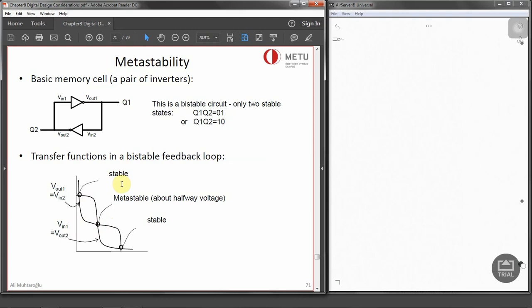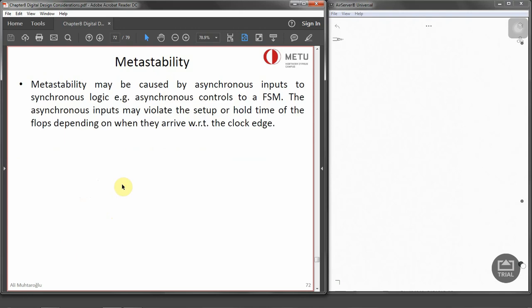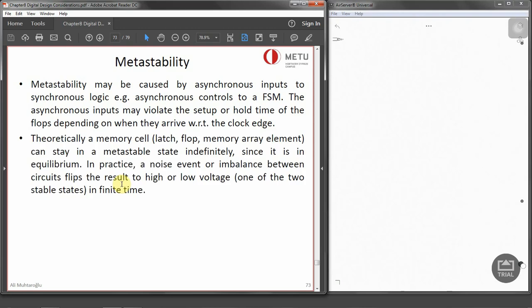Metastability can occur in sequential circuits because of asynchronous signals, and whenever the input signal does not meet the setup time or the hold time of the flip-flop, it can cause a metastability problem. Theoretically, for memory cells like latches or flip-flops, it can stay there indefinitely since they are in equilibrium.